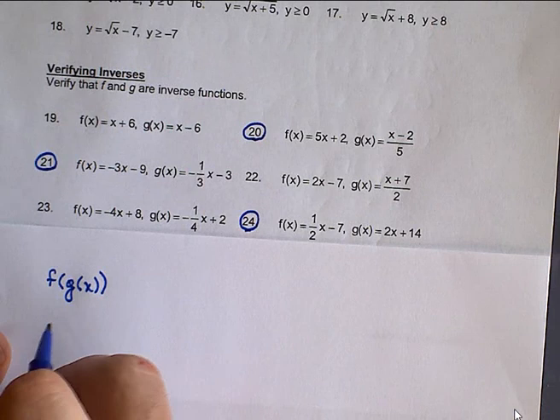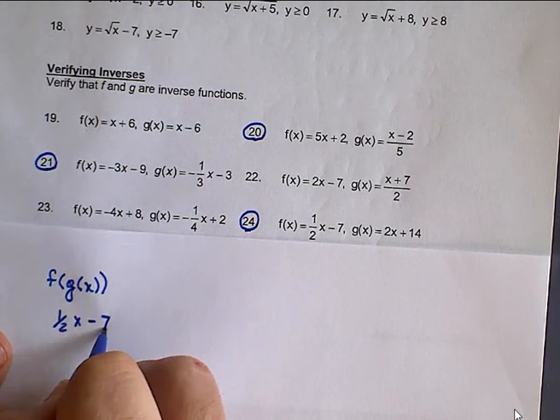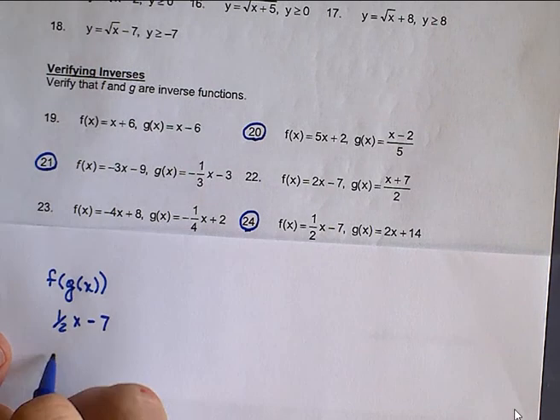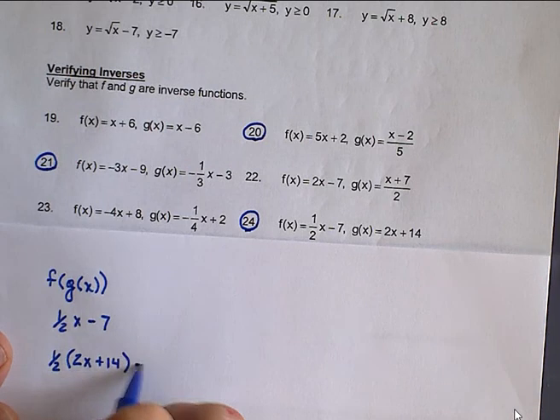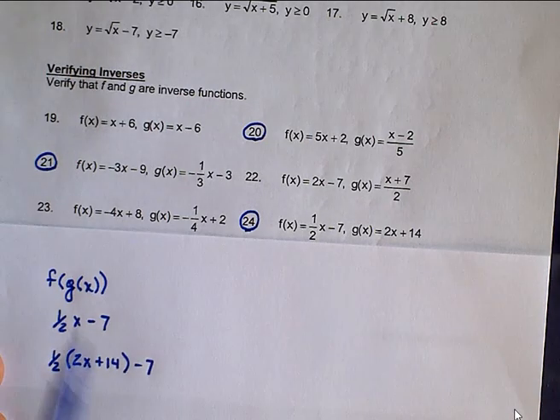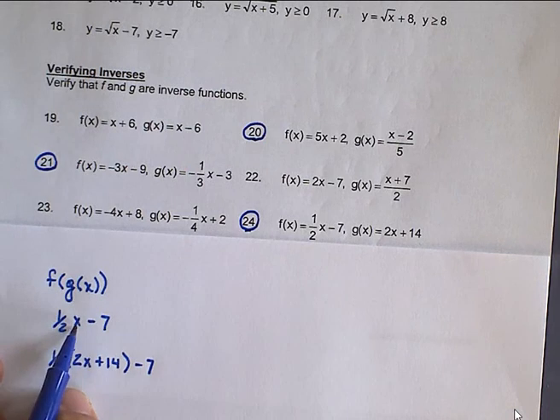So f is 1/2 x minus 7. G is inside for x, so 2x plus 14. So I literally took g of x, plugged it into this x in f of x, to get this.